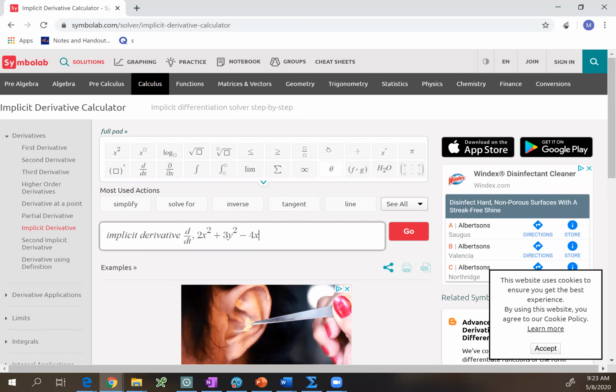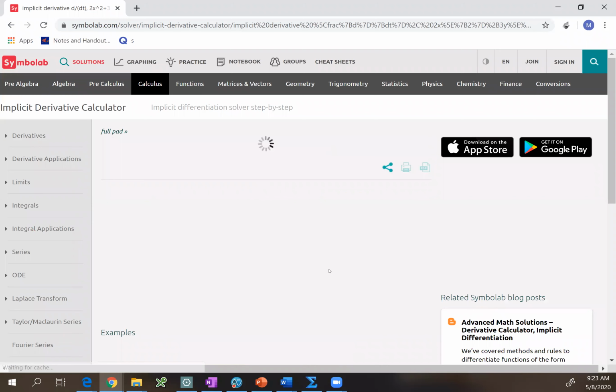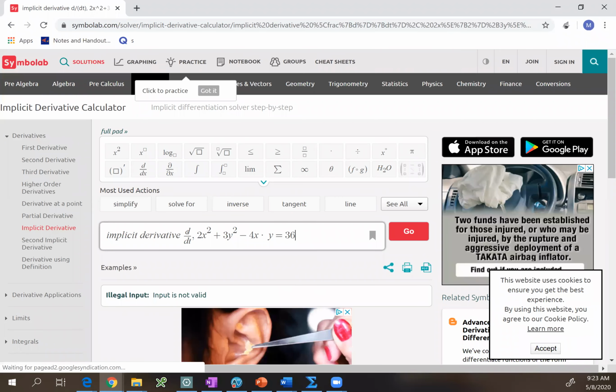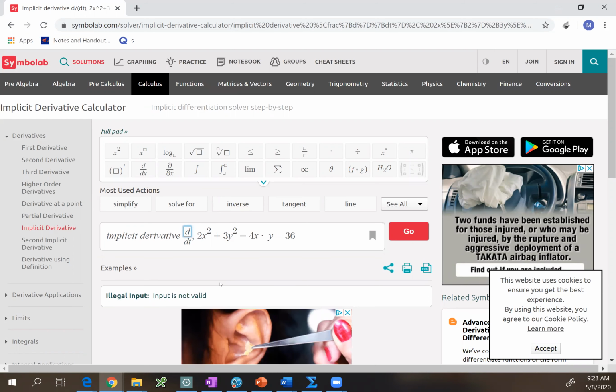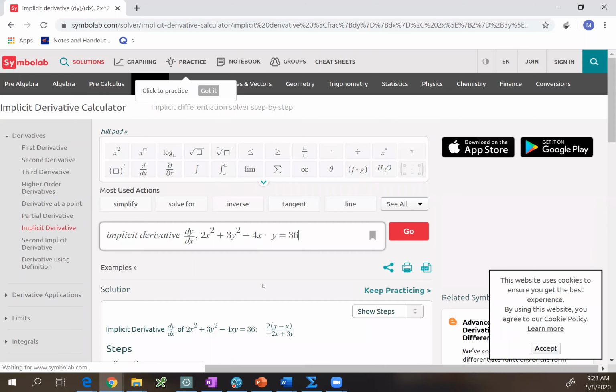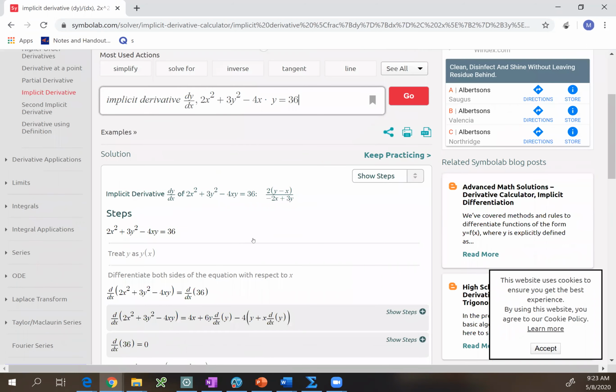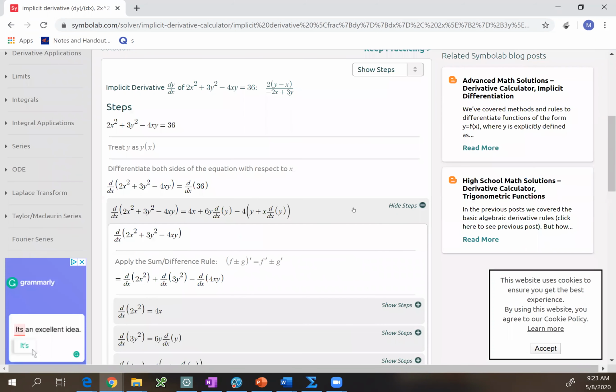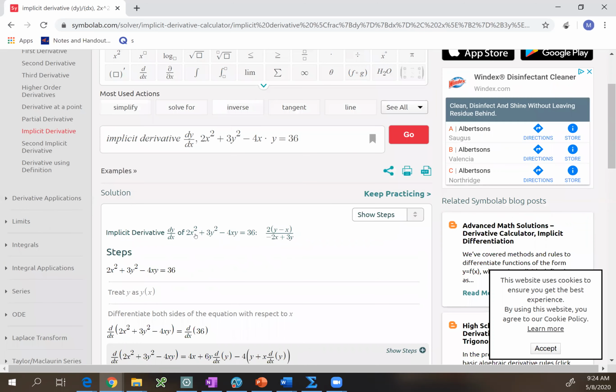There's a times button. y equals 36. And yeah, it's not liking that. So it doesn't want to do the d/dt. So you still need to know how to do implicit on your own. But for dy/dx, at least, which was part A, it will help us solve that. And it even shows steps. On your phone, it doesn't show steps. You have to do it on a computer.